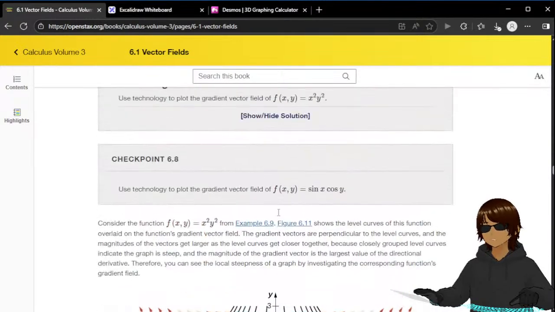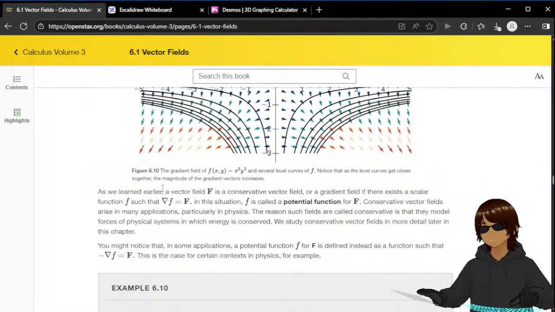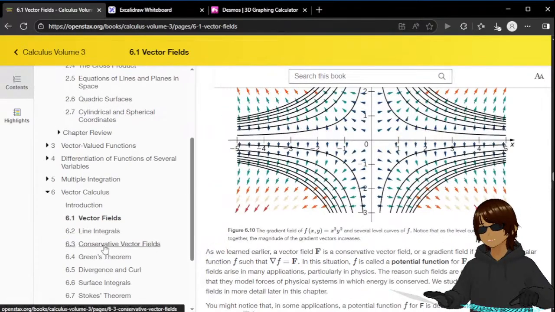Where did they mention the conservative? A vector field, capital F, is a conservative vector field or a gradient vector field if there exists a scalar function f such that the gradient of f is capital F. Okay. So now we can actually start the chapter.